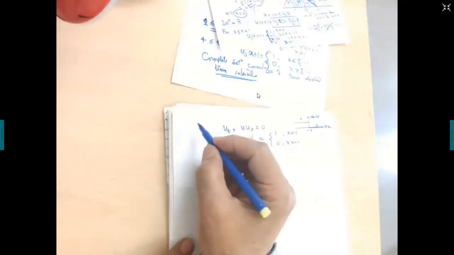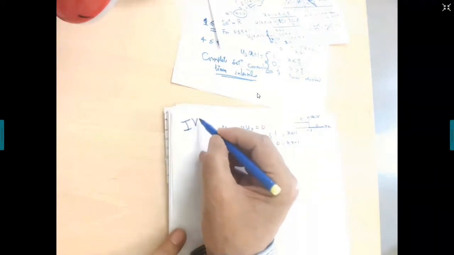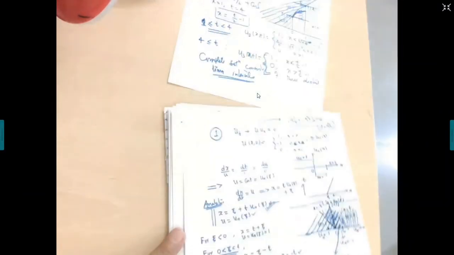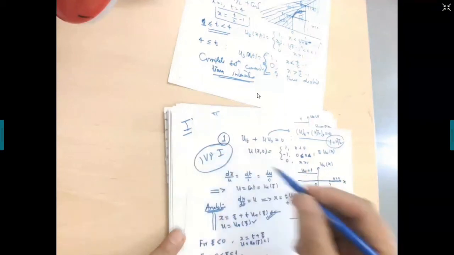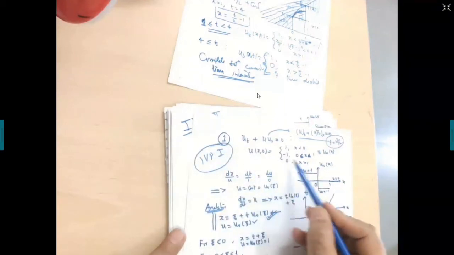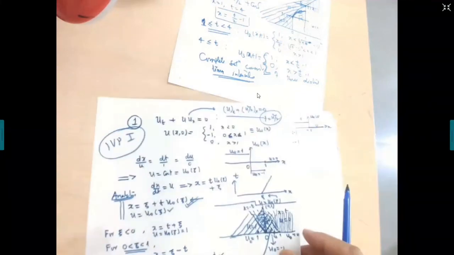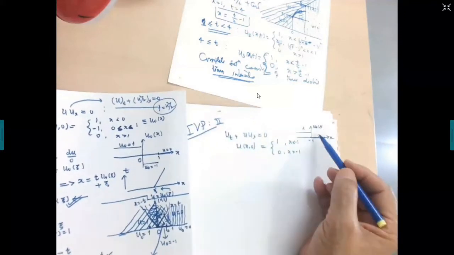It's a different initial value problem. Initial value problem number 2, and this was your number 1. Here the initial condition is this, and here the initial condition is entirely different.